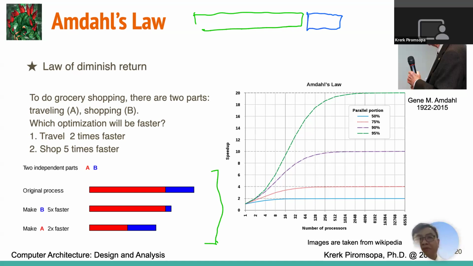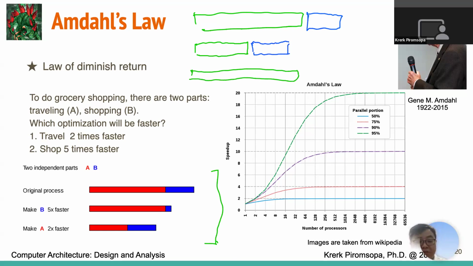I say I want to make it faster. If you can invest in just one, like the first choice, make the green twice faster. That means the blue would still be the same, right? Or the second choice, you cannot drive any faster because of the traffic or anything, but in the supermarket, you do it 5 times faster.